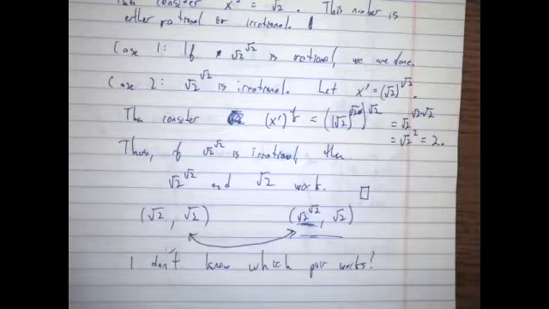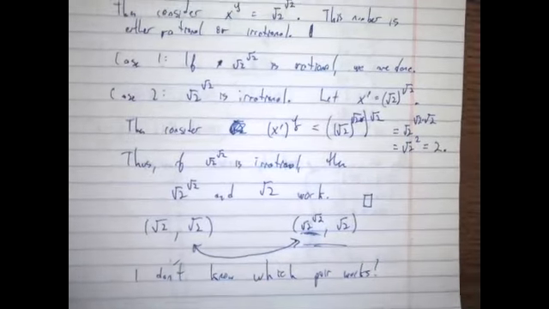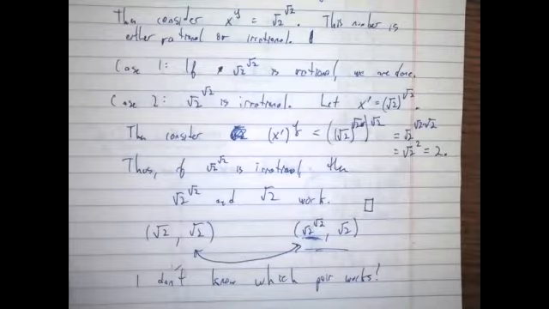I have a question for x prime. What was the reasoning for choosing square root of 2 to the square root of 2? In this case, the reason is because it ends up working.